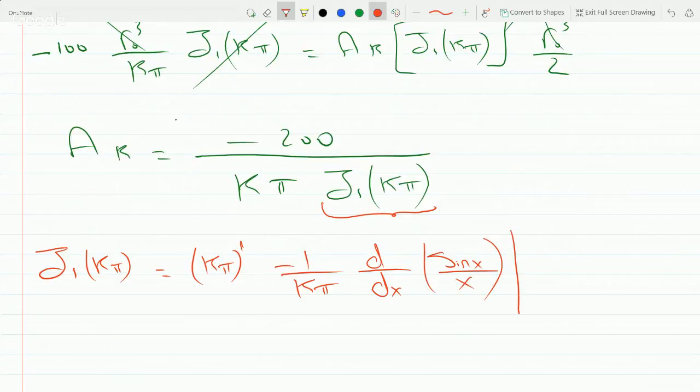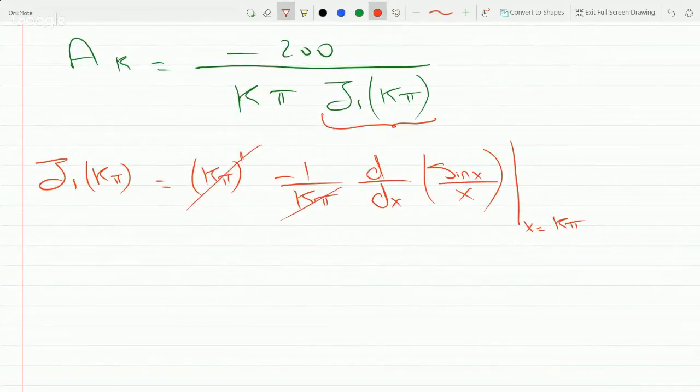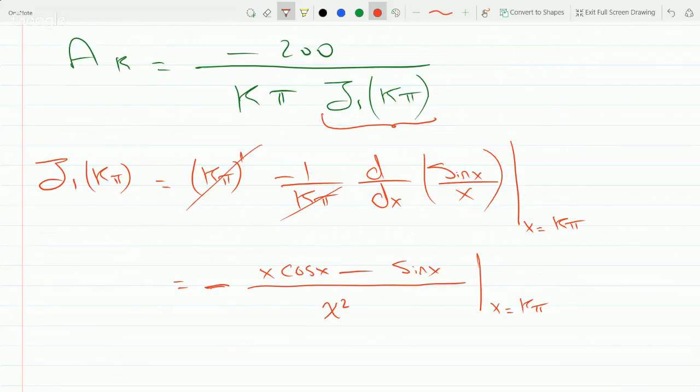And then when we're done, we evaluate at x equals k pi. So now I could cross out this with this, and we have left minus, let's see, quotient rule on this, sine x over x gives x cosine x minus sine x over x squared, and we're going to evaluate this at x equals k pi.